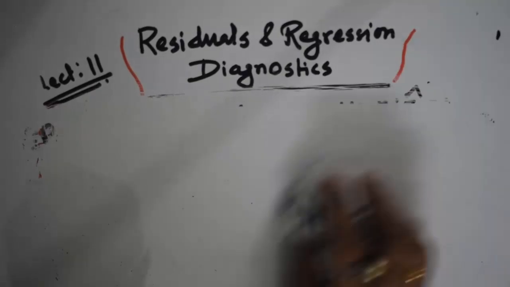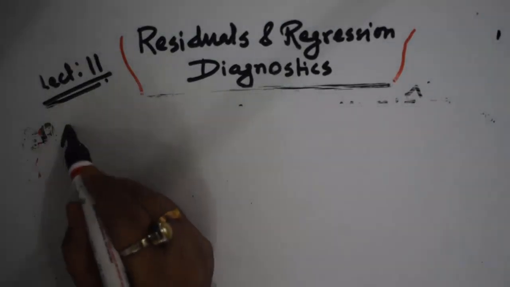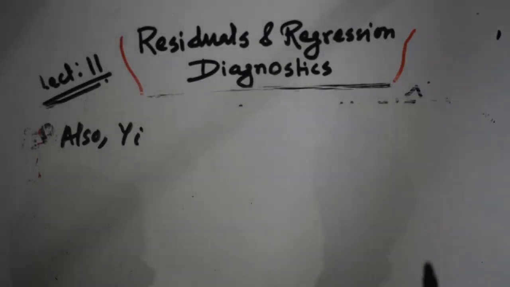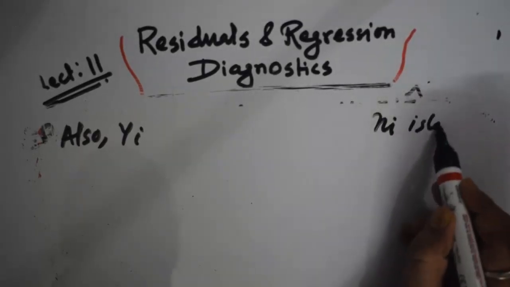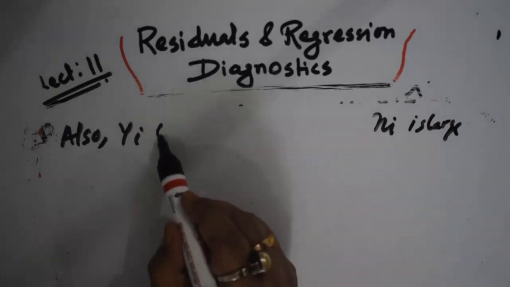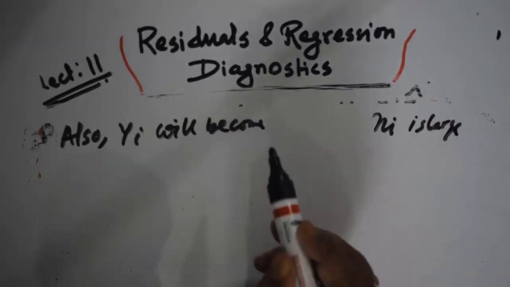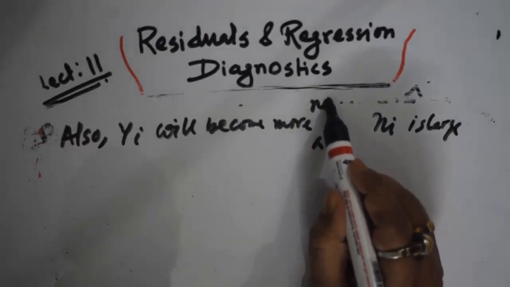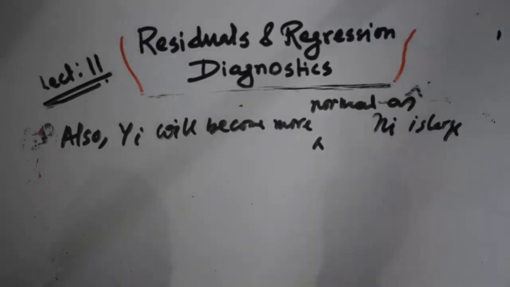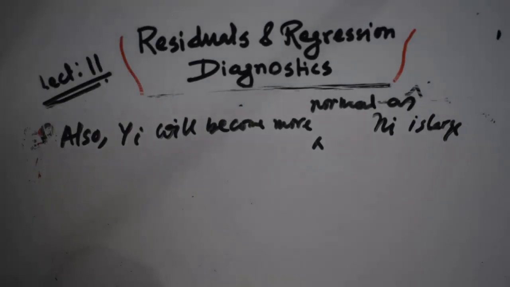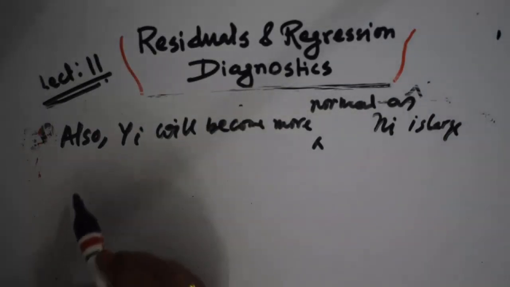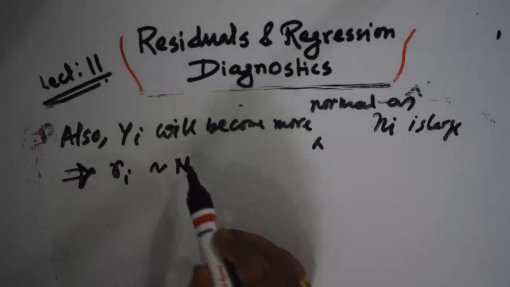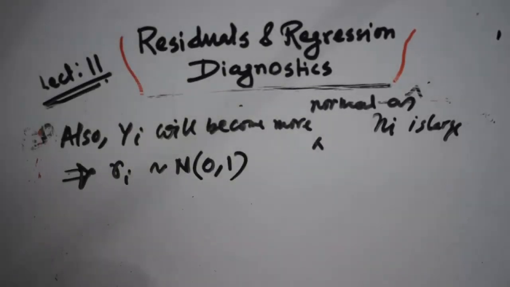Note that also yi when ni is large will become more normal, and in that situation Ri follows standard normal.